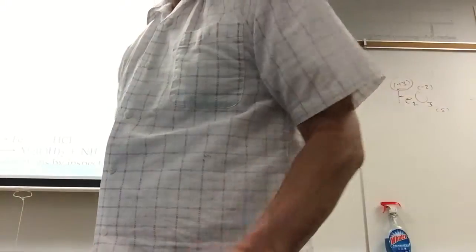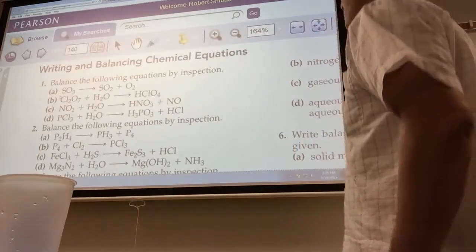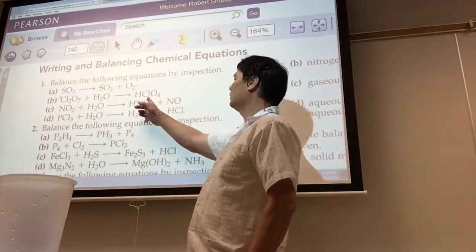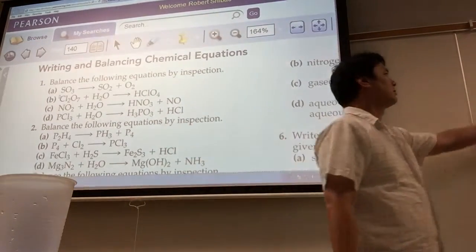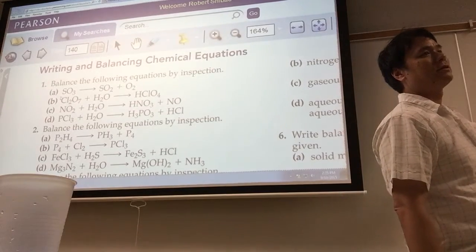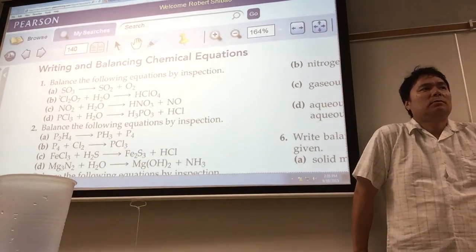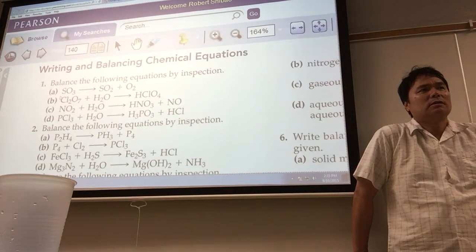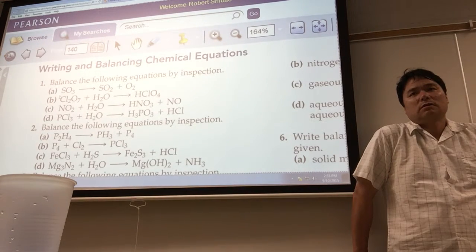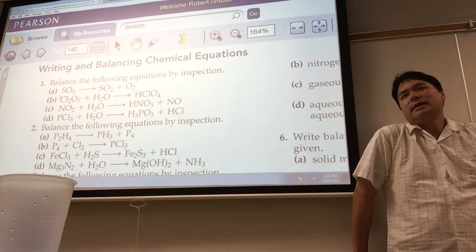And so to put things into perspective, let's look at perchloric acid. Perchloric acid versus rust. Which one do you think is a more powerful oxidizer? Perchloric acid or rust? Or about the same?